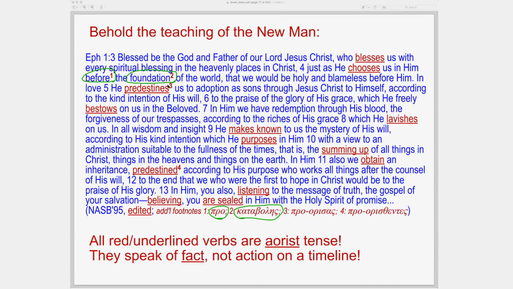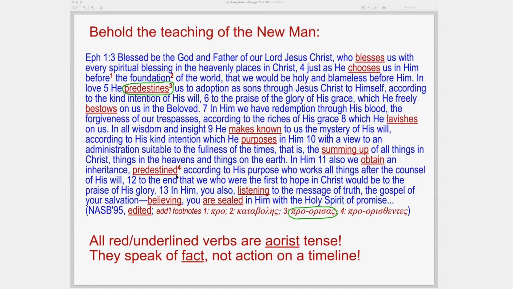Predestined itself is pro-oristos. You should recognize that because the aorist tense is aoristos. This is ahead defined. He defines us ahead to adoption as sons.